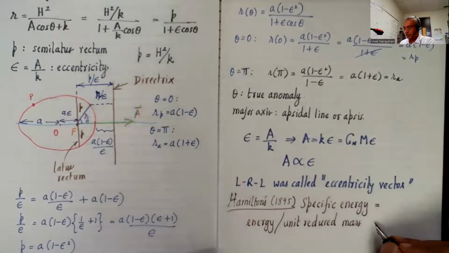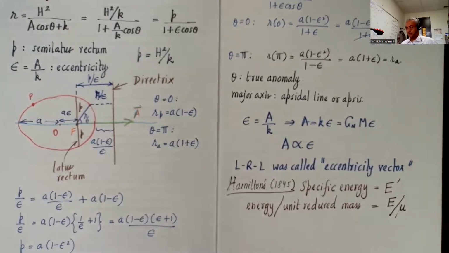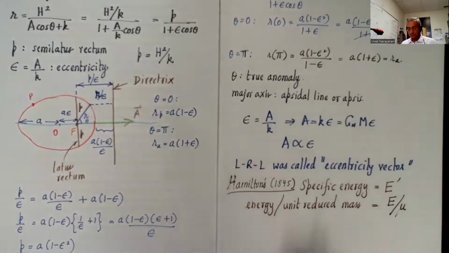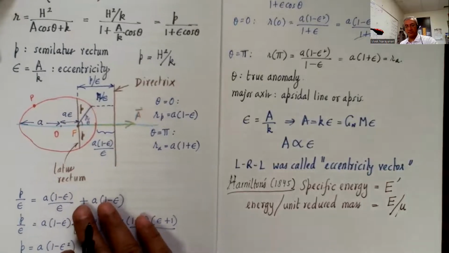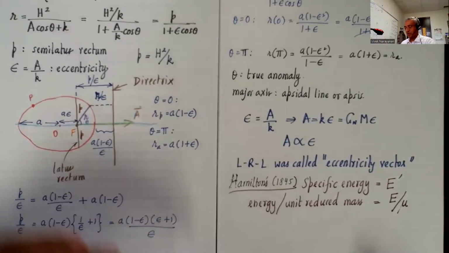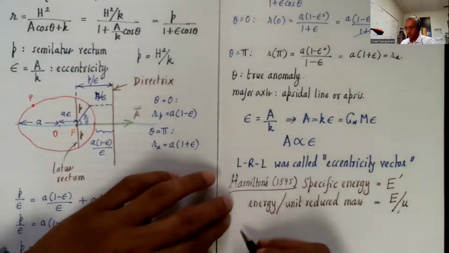So I'm going to call the specific energy E prime, which is the total energy E divided by the reduced mass mu. All right. Now Hamilton was interested in finding out the magnitude of the Runge-Lenz vector.